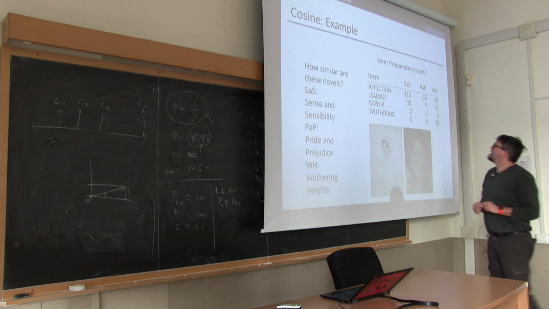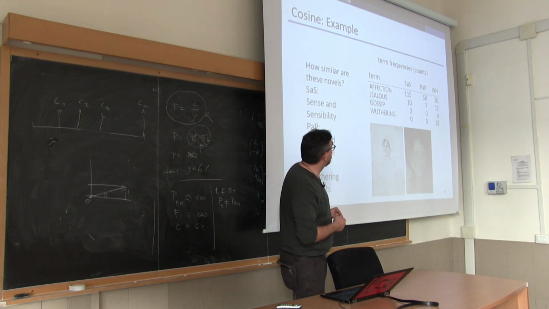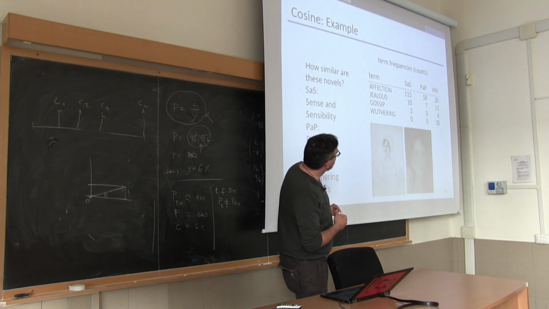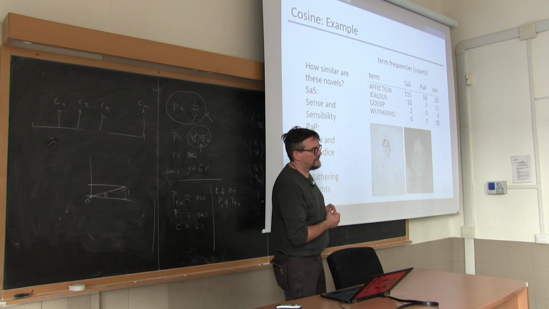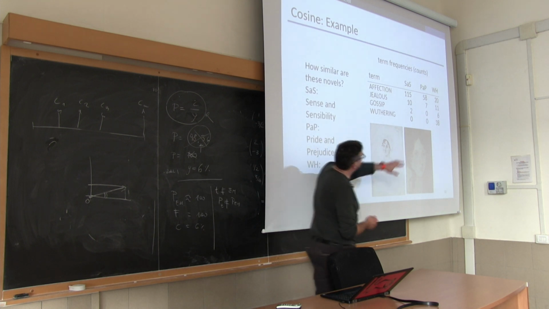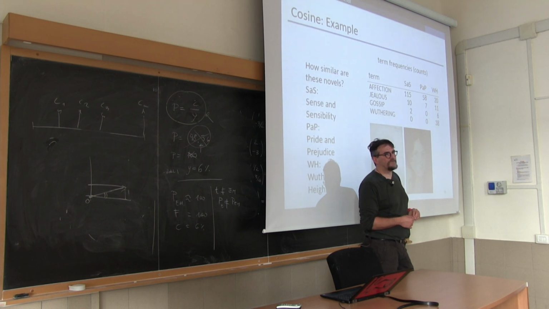What you do is consider the terms, in this case affection, jealous, gossip, and wuthering, and you measure the frequency in all those novels. What is in this particular case, in your opinion, the most rare term, the one that will have the highest tf-idf?